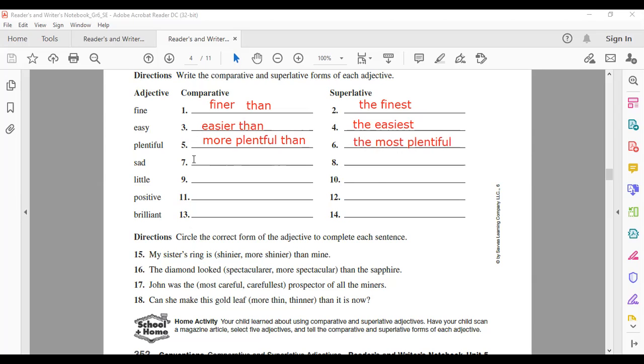Sad. Sadder. And what would I do with the D? It will double, excellent job, Malak, because we have consonant, vowel, consonant, and it becomes sadder than. Okay, and make it superlative, ya Malak. The saddest. Excellent.